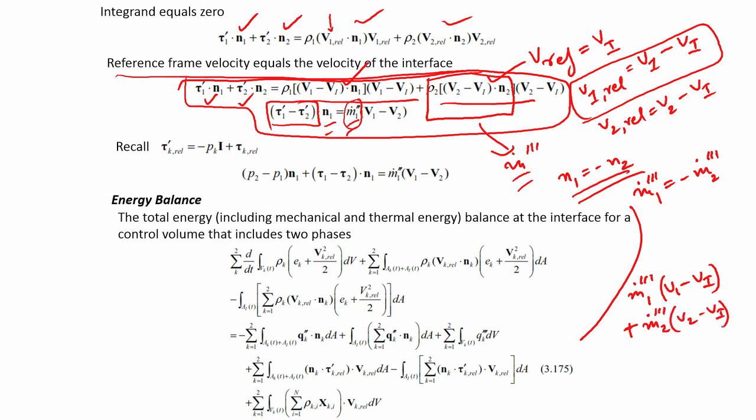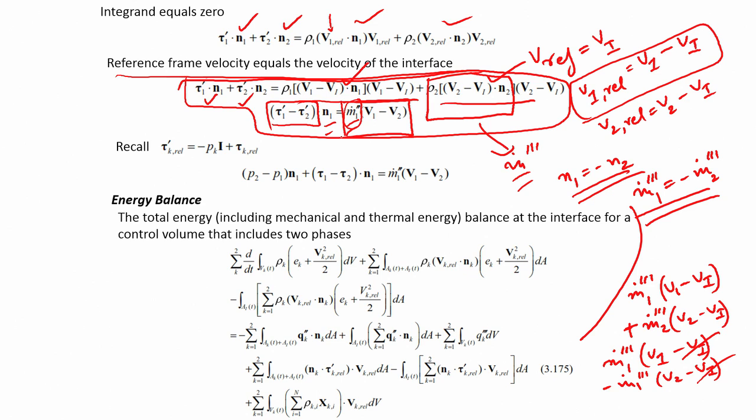But using M1 triple prime is the same as minus M2 triple prime, this expression will become V1 minus Vi minus M1 triple prime into V2 minus Vi. So, if you add these two quantities, these Vi's will drop out and you will get this expression.